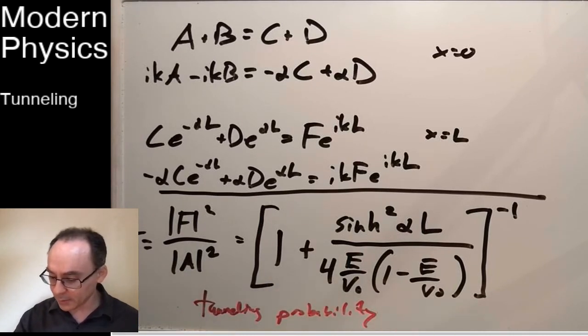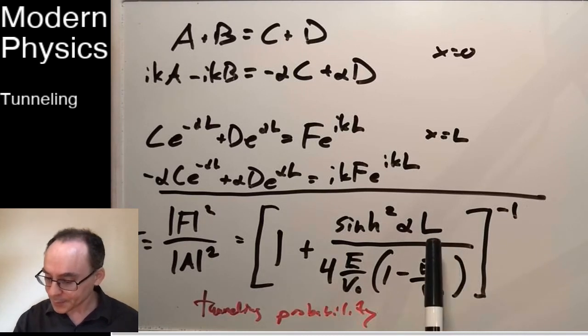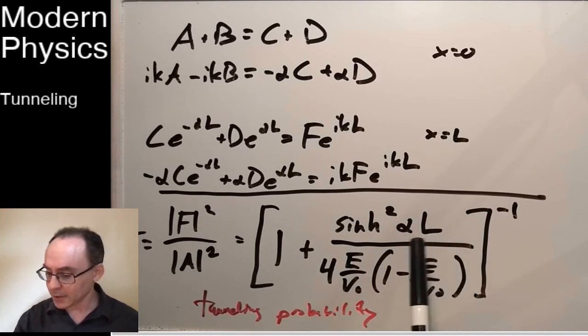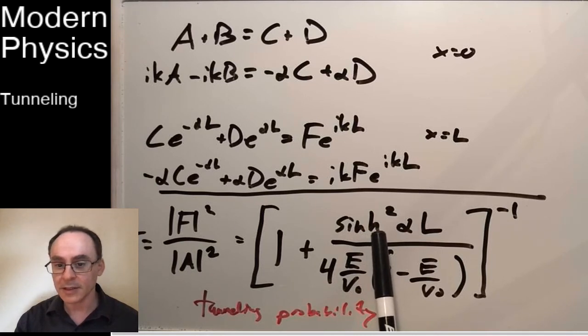tunneling probability. The important parts of this are that the width of the barrier, which I called L here, the physical length in distance units, only comes in here in this sinh squared, but this thing has exponentials in it. So really this is hiding the exponential.